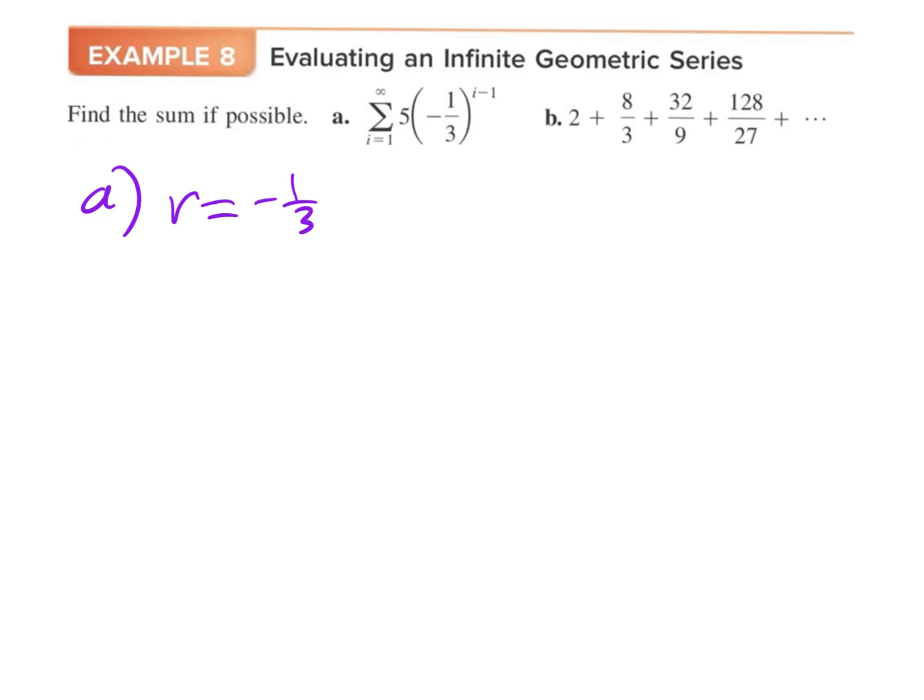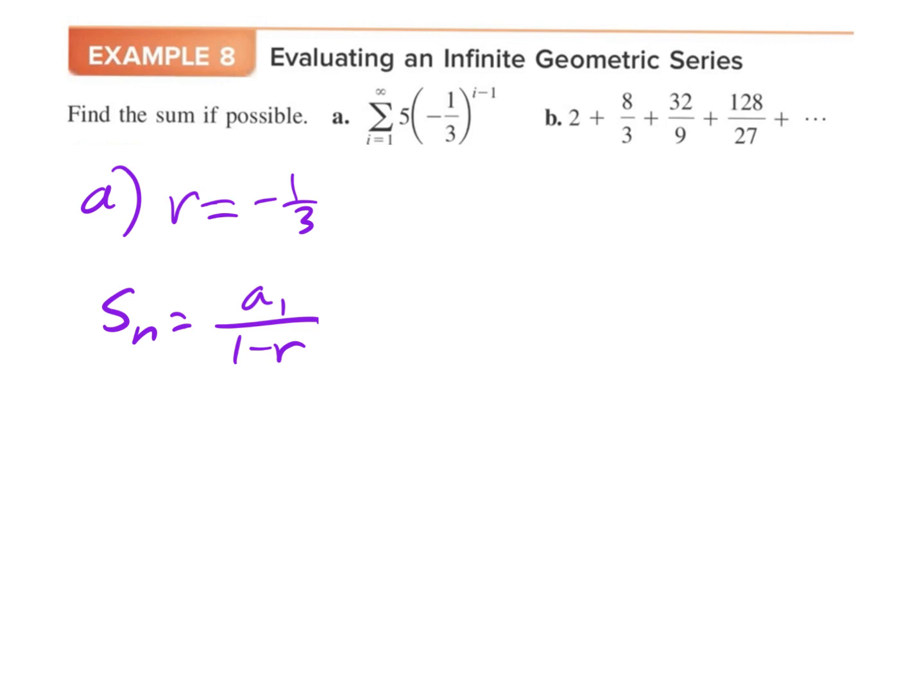What this is saying is when you take a really small number and raise it to a really big power, this whole part goes to 0, which is why, in this case, there is a sum. And it's just A sub 1 over 1 minus R. That is the sum.